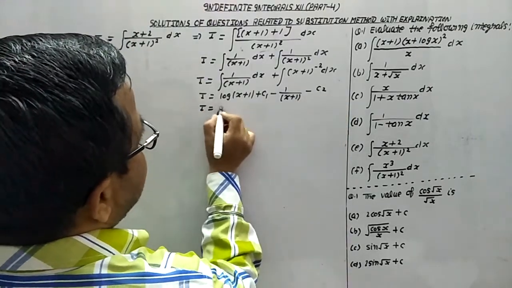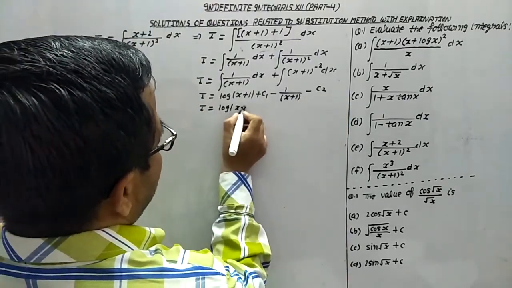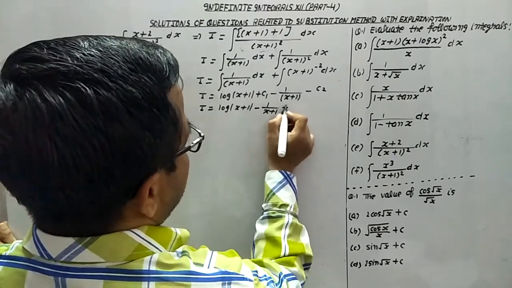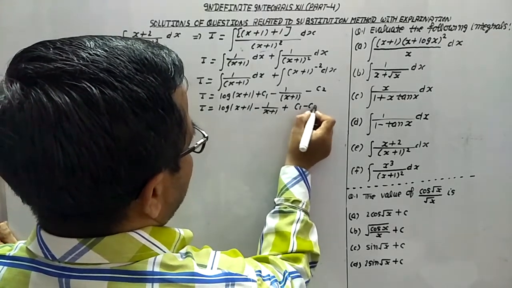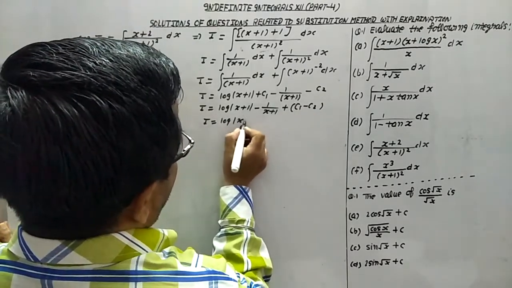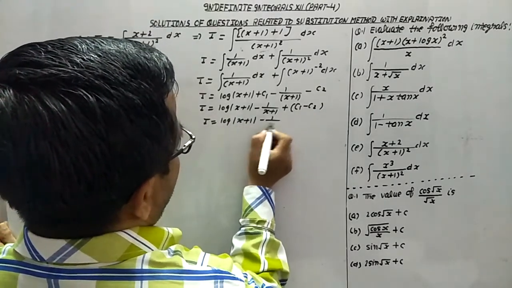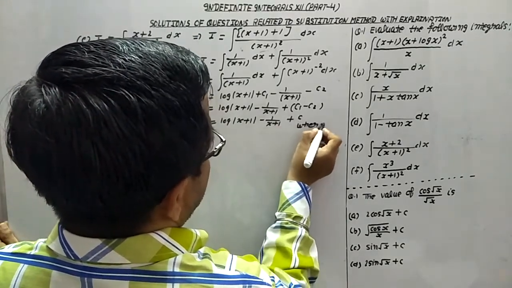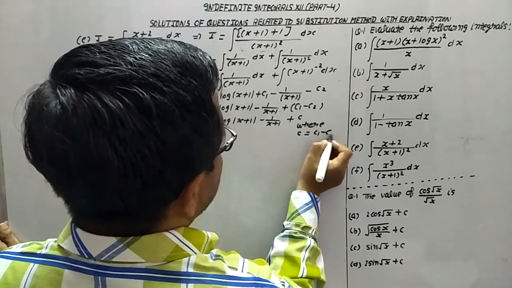Now you will say I is equal to log of x plus 1 minus 1 upon x plus 1 plus c1 minus c2. It means I is equal to log of x plus 1 minus 1 upon x plus 1 plus c, where c is equal to c1 minus c2.